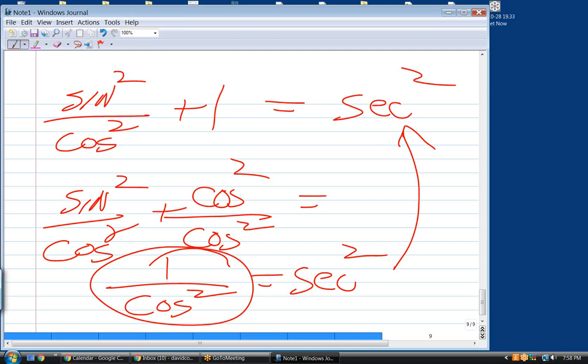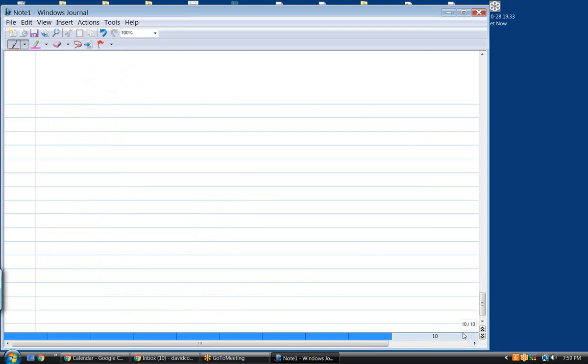You don't want to spend a whole lot of mental energy figuring out how to do it in 3 moves instead of 4, but just know that the faster way is the better way. The faster way in this case was to turn that into tan squared and then just use the Pythagorean identity. Actually, 2 steps instead of 4.